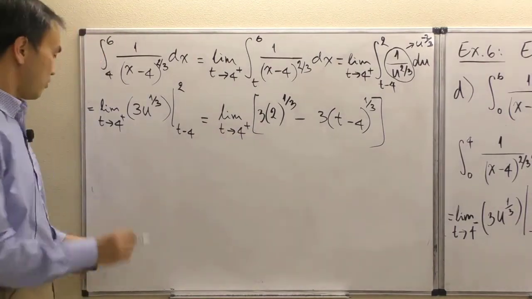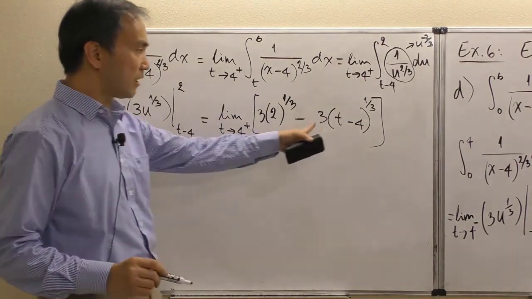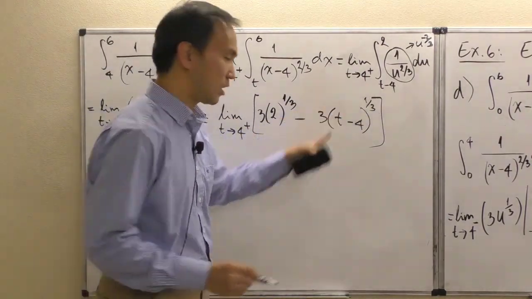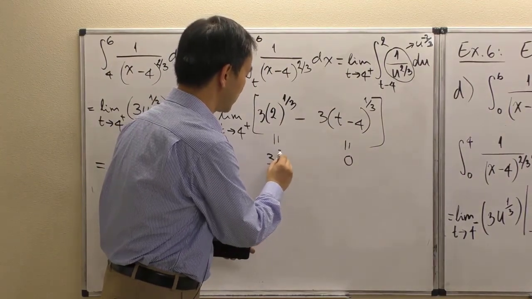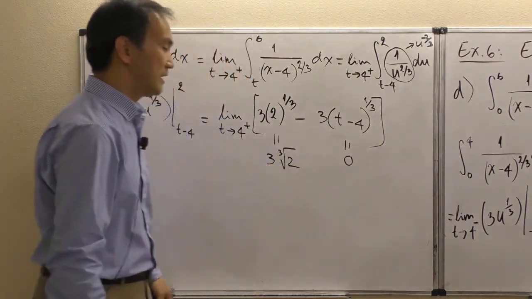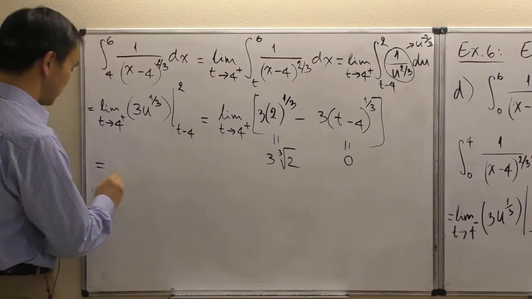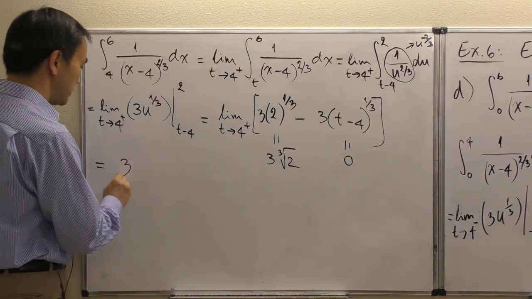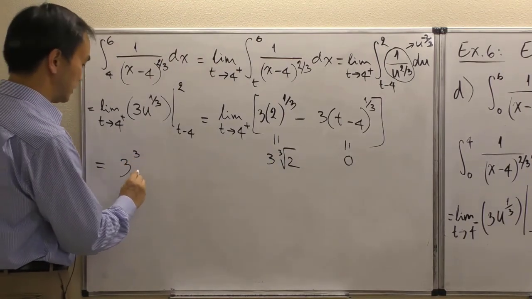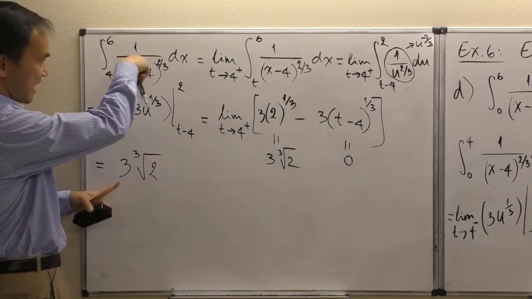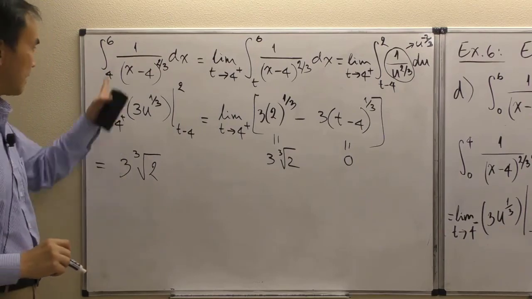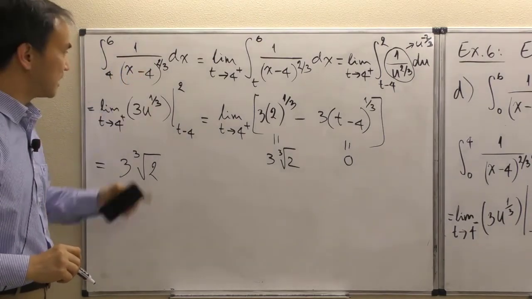According to limit laws, this term will go to 0, and that term will remain the same, 3 times the cube root of 2. So our final answer is 3 times the cube root of 2. This is the answer for that particular part of the improper integral.